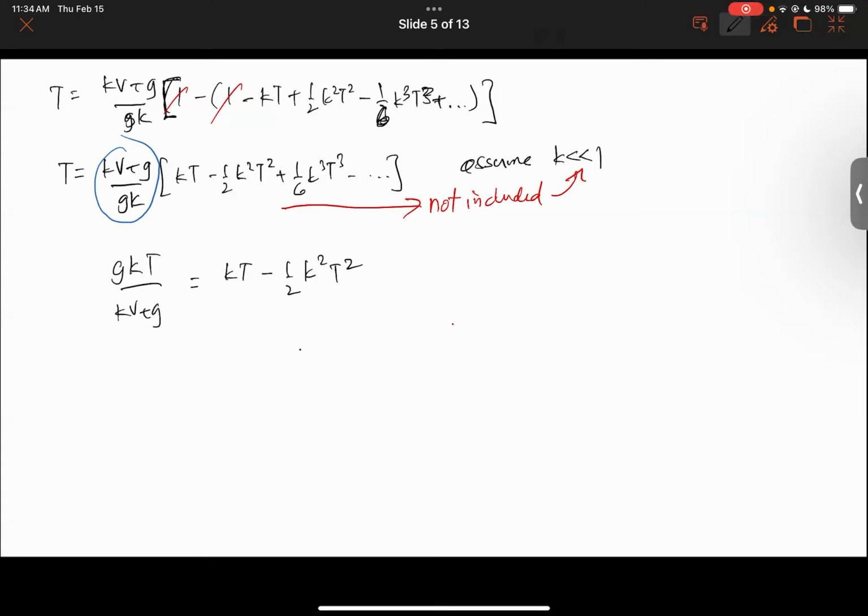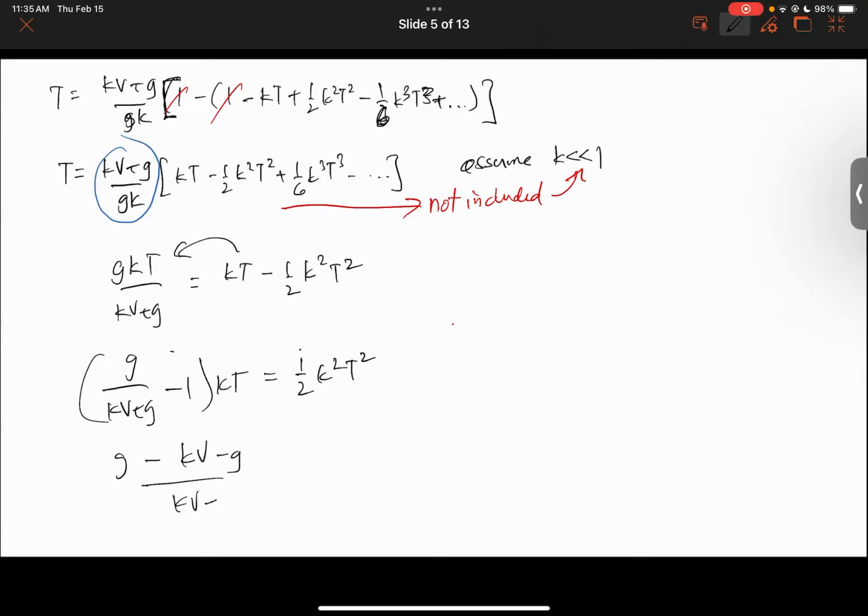Then nililipat, i-arrange ko to. Ganito ang gawin. g over kv plus g minus 1 kt. So nilipat ko yung kt sa kabila is equal to 1/2 k squared t squared. So what I have is g minus kv minus g over kv plus g times kt is equal to 1/2 k squared t squared.